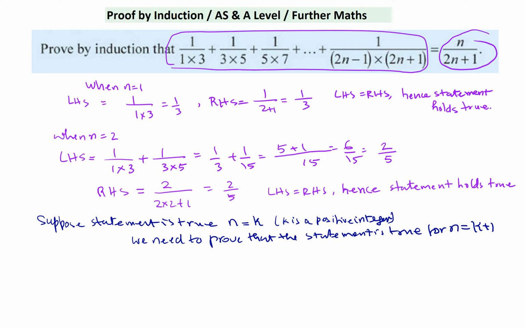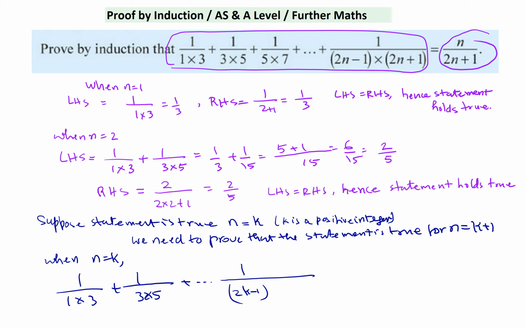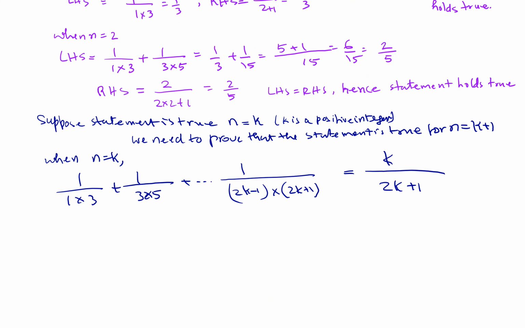So when n equals k, we can write 1 over 1 times 3 plus 1 over 3 times 5 plus, instead of n, we write k, 1 over 2k minus 1 multiplied by 2k plus 1 is equal to k over 2k plus 1, because the statement holds true for n equals k. So now we need to prove when n equals k plus 1.